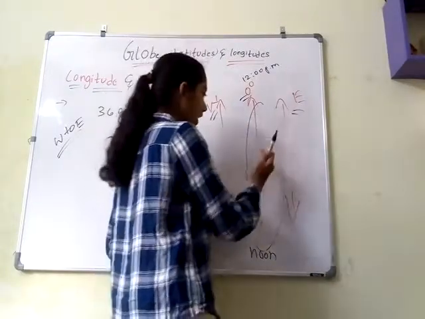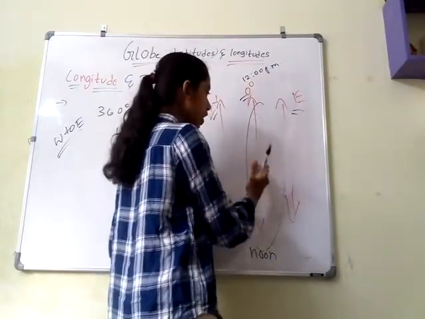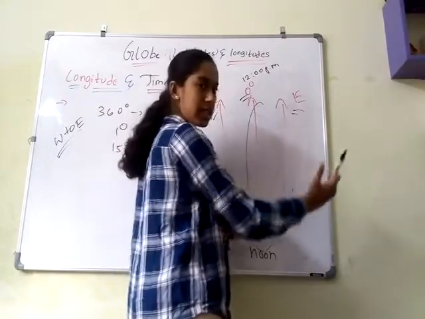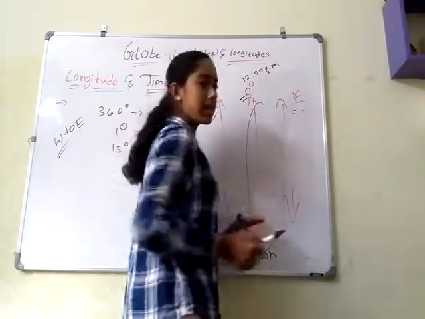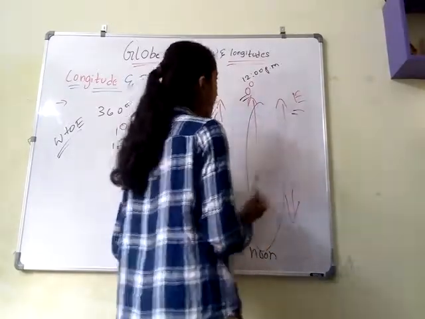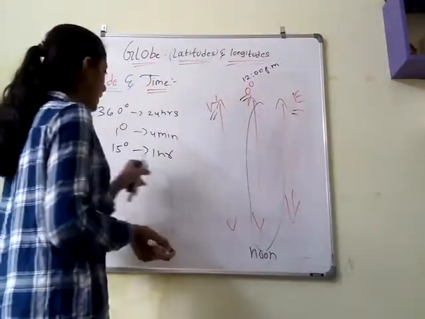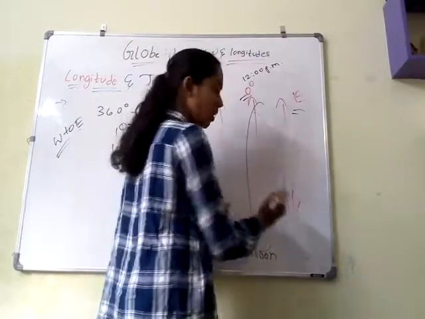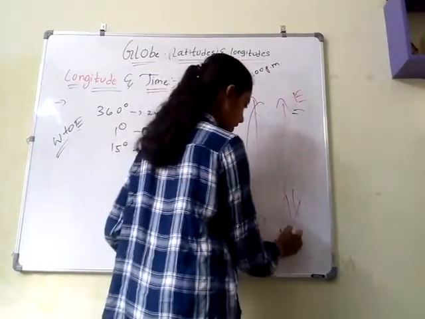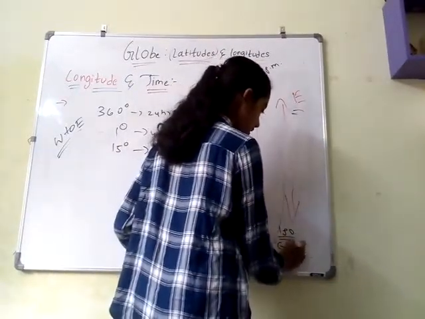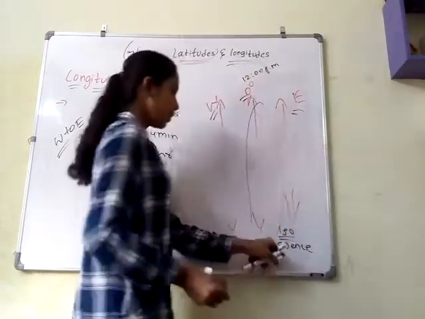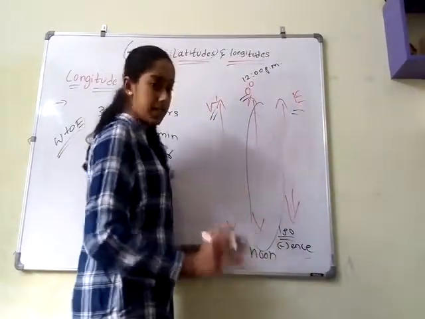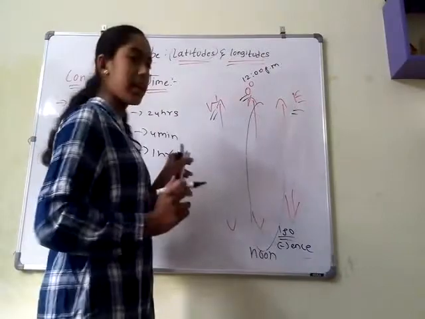Next, the longitudes that are towards the east will be ahead of the Greenwich time. Between each longitude the difference is 15 degrees, and for 15 degrees there will be 1 hour difference.